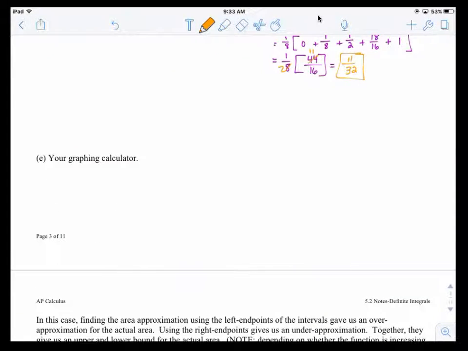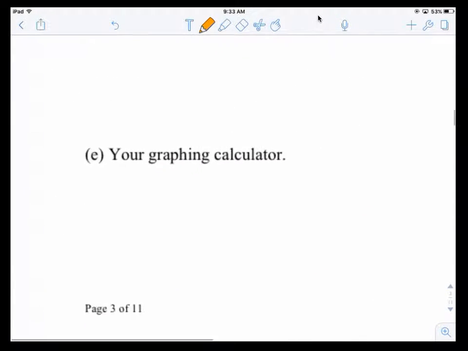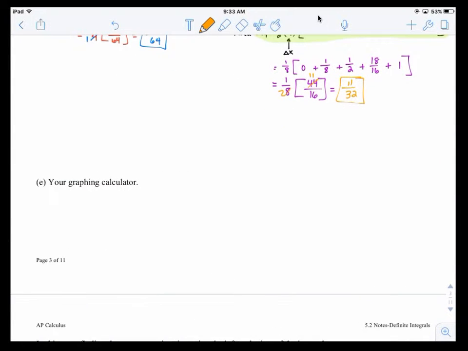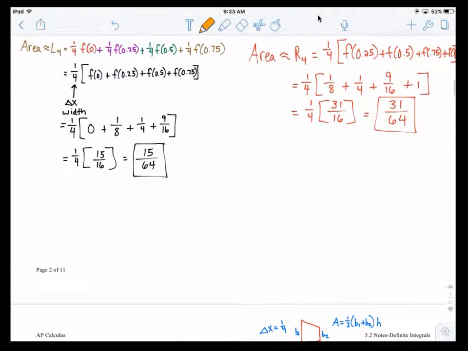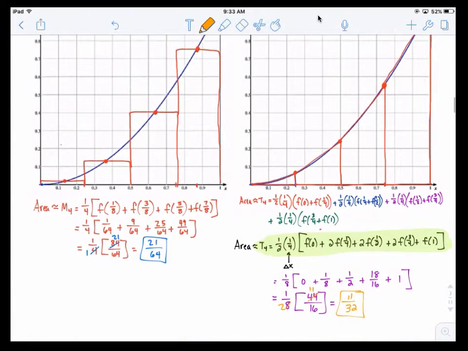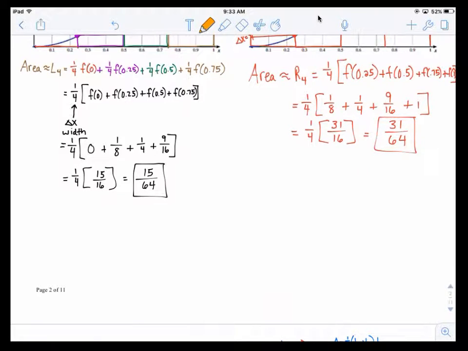All right, so let's figure out what it is. Oh, no, if you average the left and the right, you should be able to get the trapezoid one.